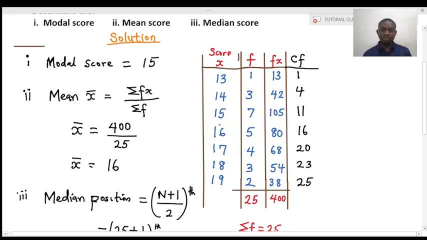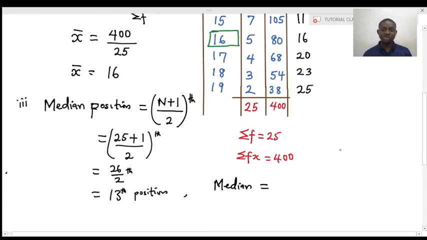It is at this point that we are going to have the 13th position, because this one covers from 12th position to 16th position. So this is where the 13th position is located, and that means this is our median. Therefore, the median is equal to 16.